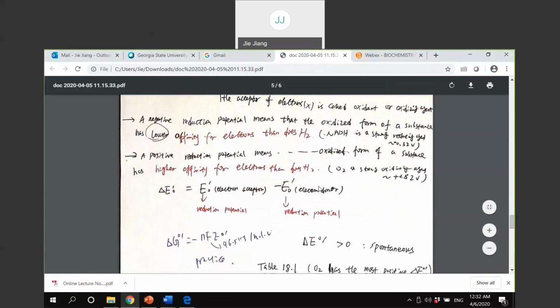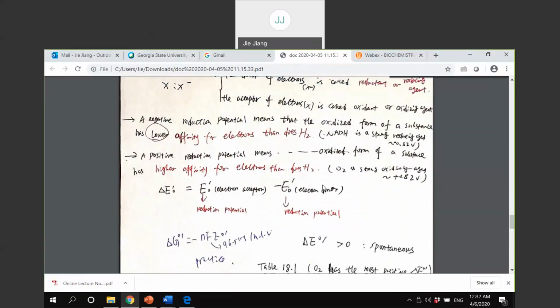And this is a very important equation. We say you have cell potential, right? So you must have two half reactions. One half is the oxidation reaction, the other half is the reduction reaction.